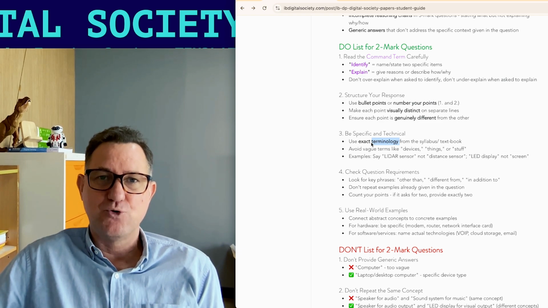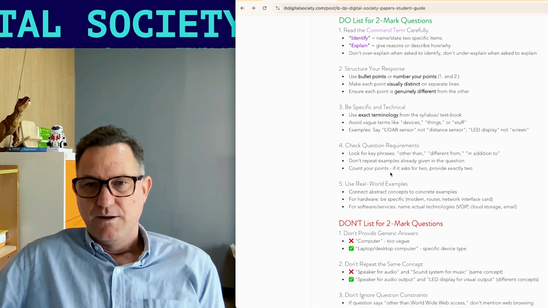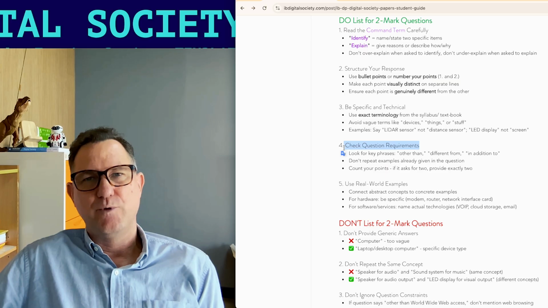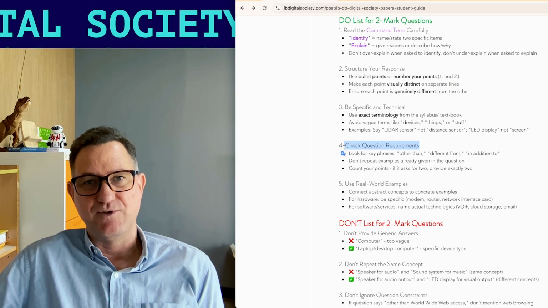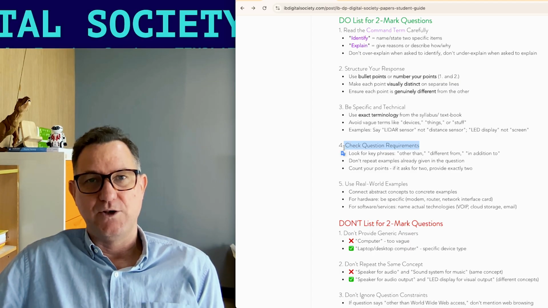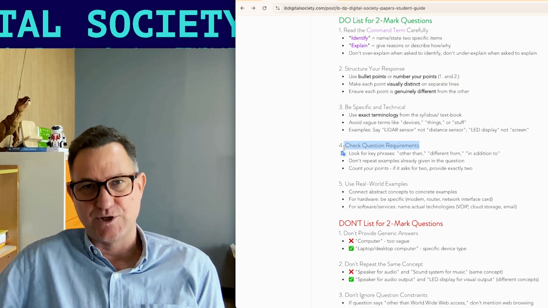So be sure you do that when you're writing your responses. Check question requirements. So read the question, underline the keywords, read it again after you've finished answering to make sure you've done everything, and then read it again at the end of the exam when you're doing your review. Read the question, understand the question.